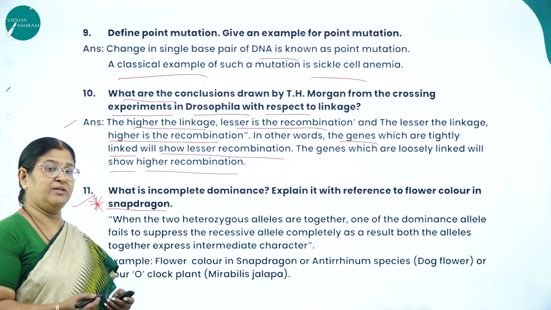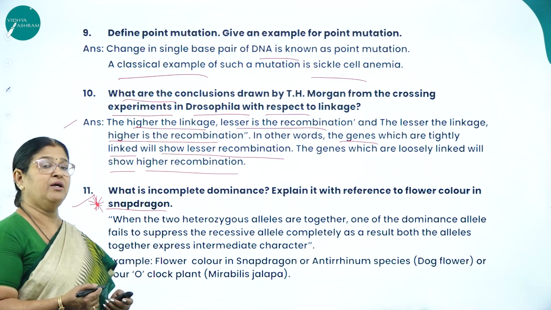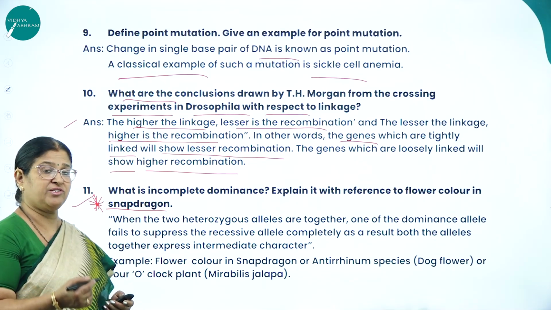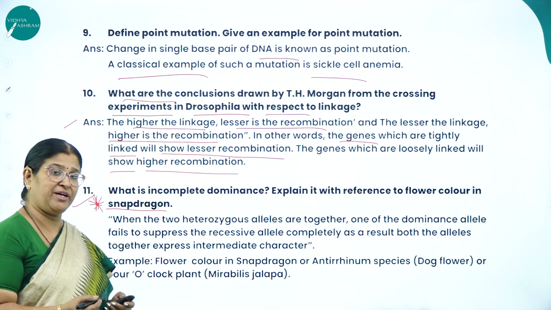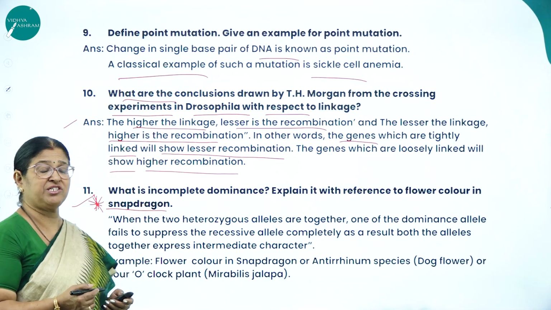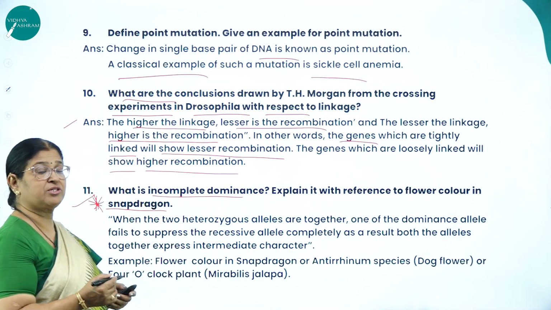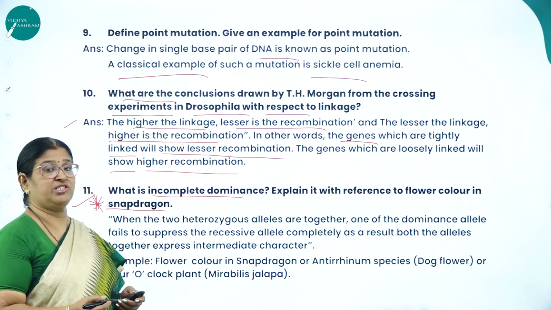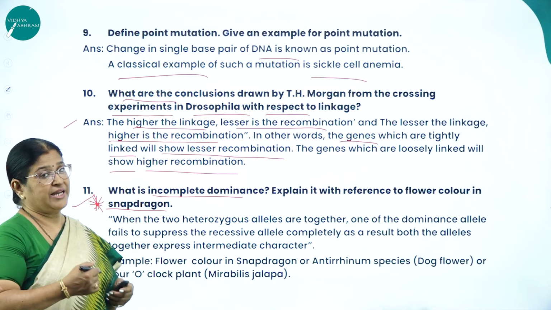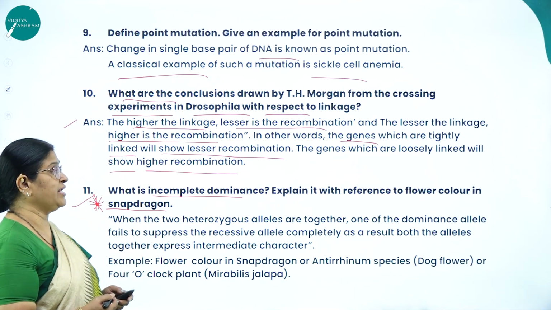According to the law of dominance, the character which is dominant will express itself in the F1 generation, and all the offspring will have the dominant character. But there is a slight deviation from the Mendelian law where the dominant character fails to express itself completely in the F1 generation. Instead, an intermediate character appears, and hence it is called incomplete dominance.